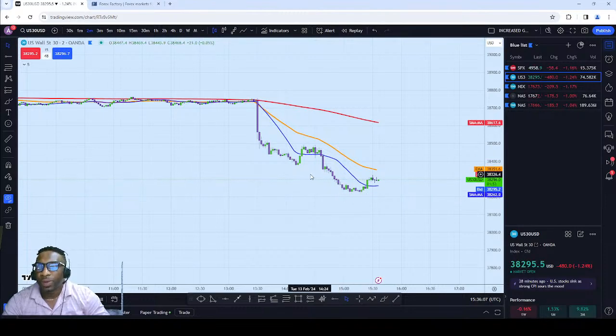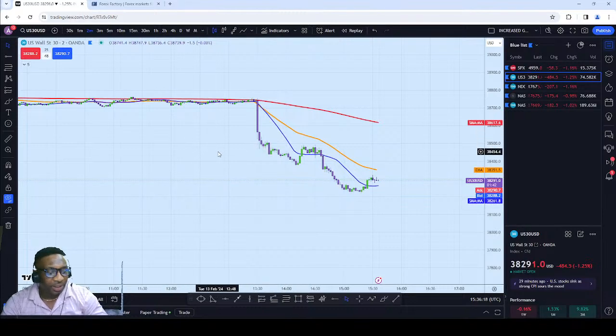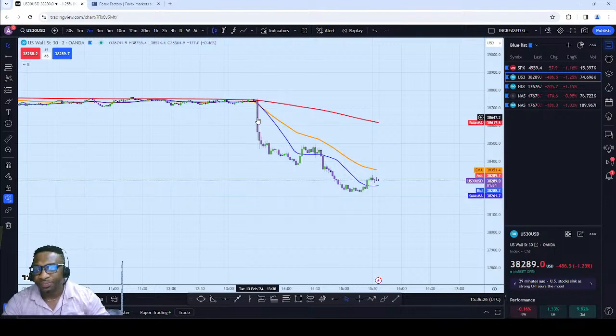So we have to be very careful about that, and if we're able to avoid that, we could expect win rates of at least 85% with this strategy.